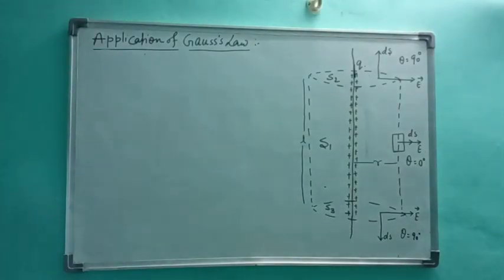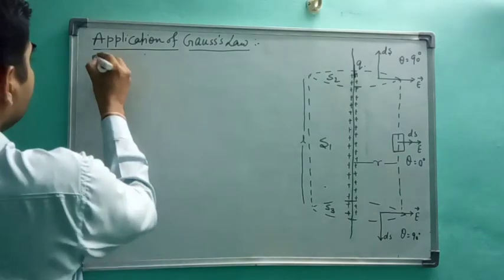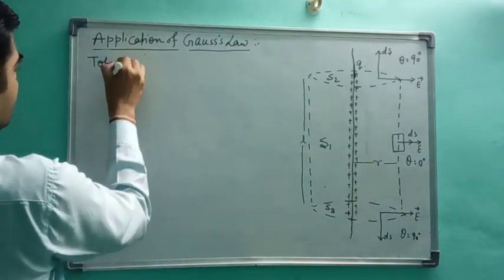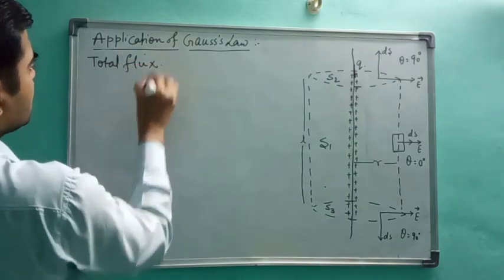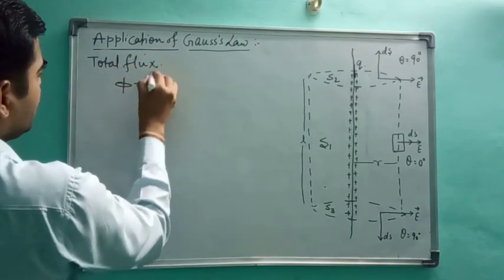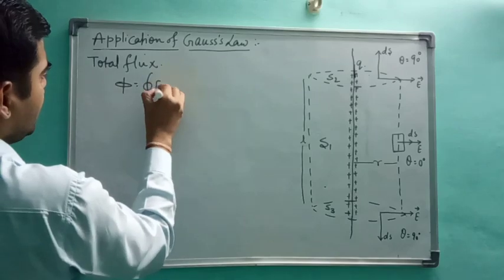Okay dear friends, draw this figure. Now the total flux phi is equal to the closed integral of E dot ds.